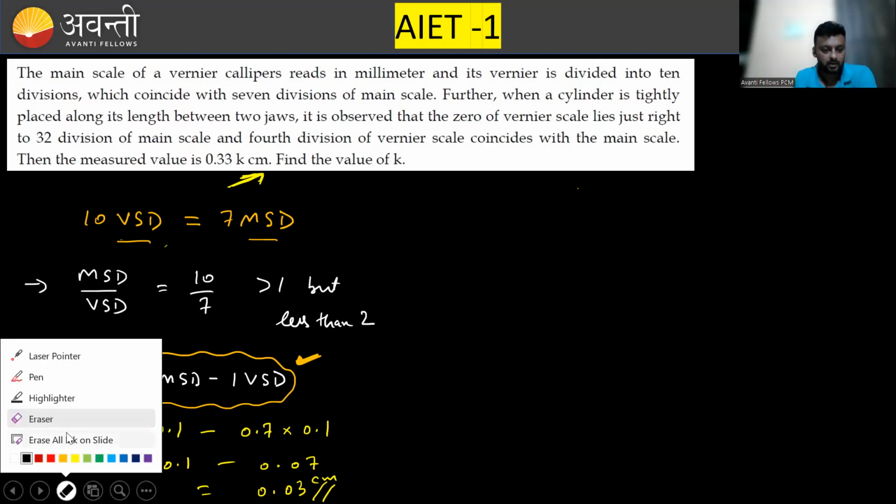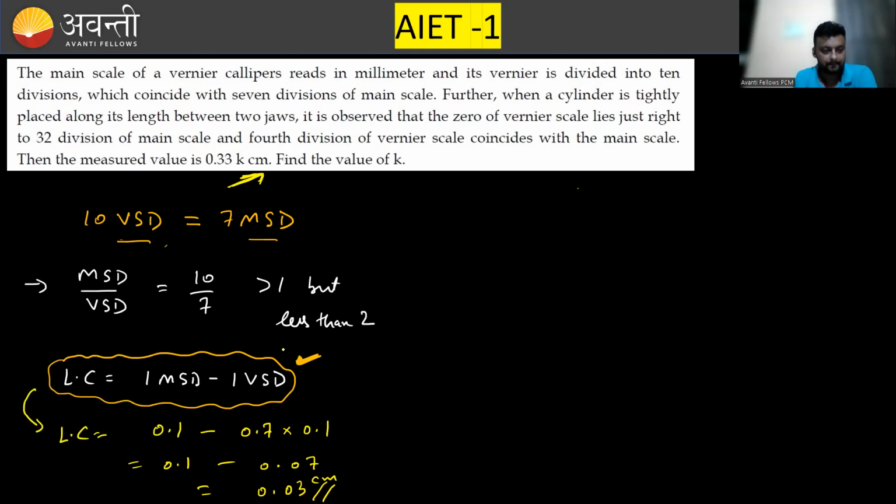Now, move here. Again, the question says, when a cylinder is tightly placed along its length between two jaws, it is observed that zero of vernier scale lies just right to the 32nd division of main scale. If you see it again, what will be the reading?